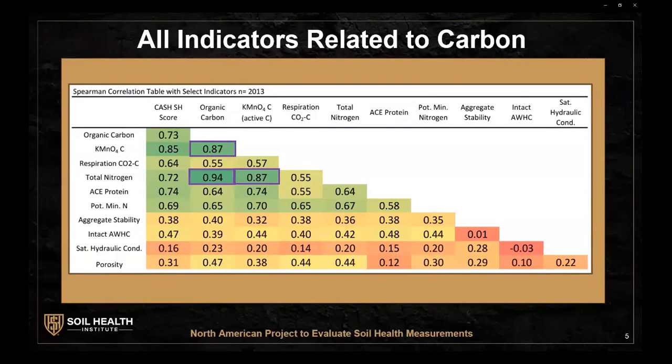And then, as has been seen in other studies, potassium permanganate oxidizable carbon has the strongest relationship to the overall soil health score as calculated by Cornell in their system. So all of the indicators have a relationship to soil organic carbon, and it's relatively similar to that relationship to potassium permanganate oxidizable carbon.